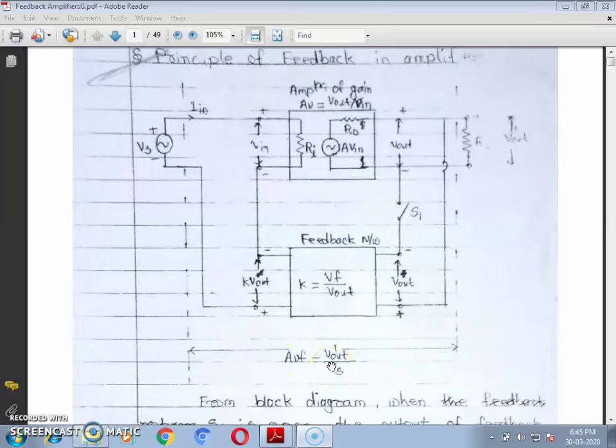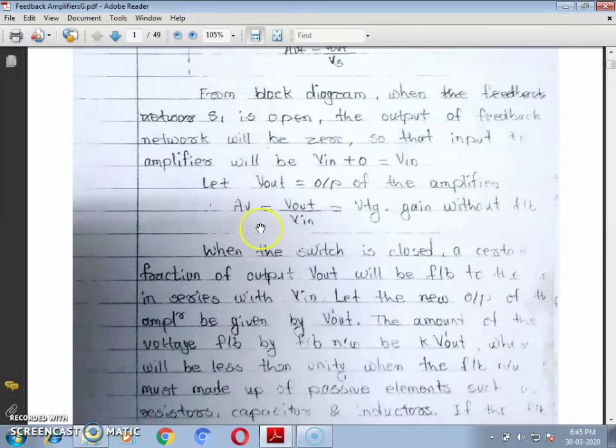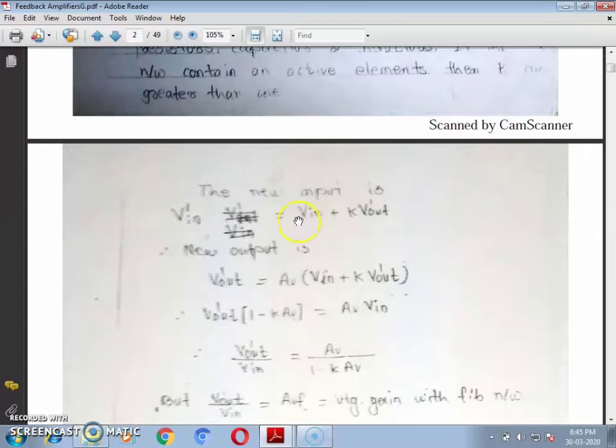So this analysis: let AV equal Vout divided by Vin, the voltage gain without feedback. With the feedback, the new input is Vin dash, which is the input of the basic amplifier plus the output of the feedback network, K times Vout.